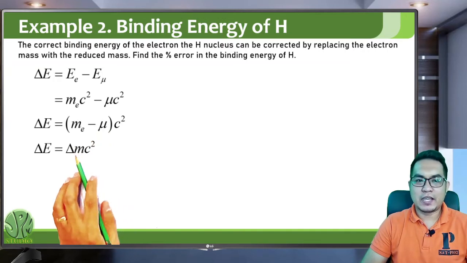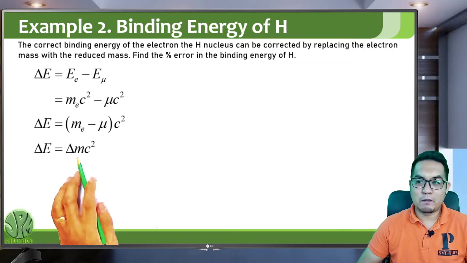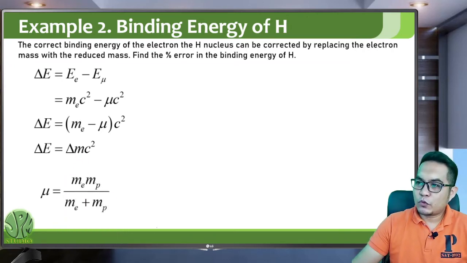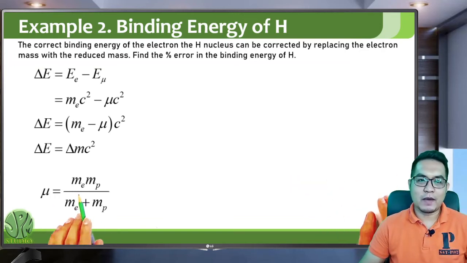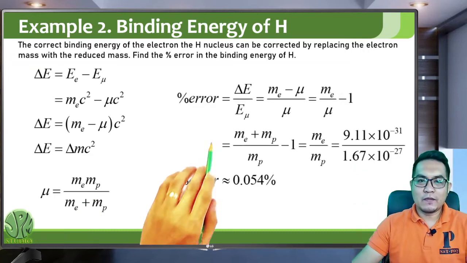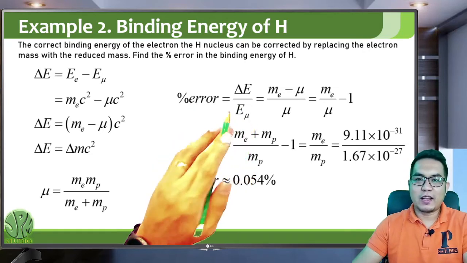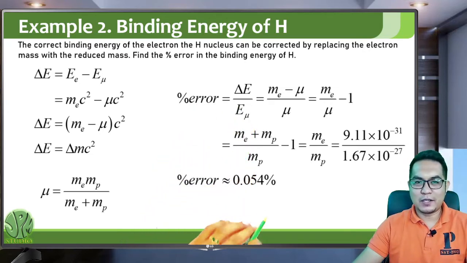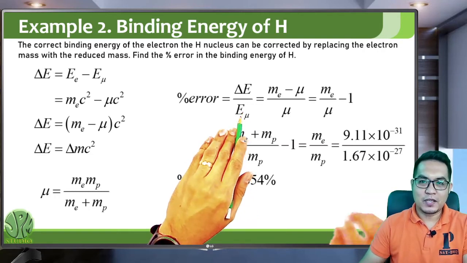So it's basically the change in energy. The error in energy is just also the error in mass. To solve for the percent error, by the way, the reduced mass, since it's a proton and an electron, is the mass of the electron times mass of the proton over the total mass. So the percent error will now be theoretical value minus experimental value over the true value. So the true value is the binding energy for the reduced mass.